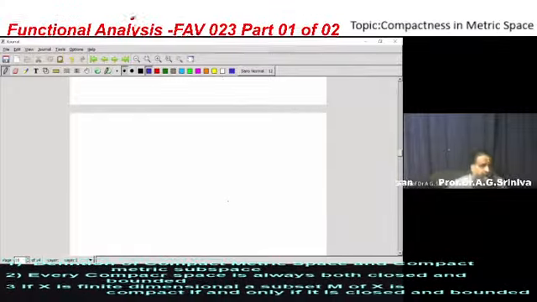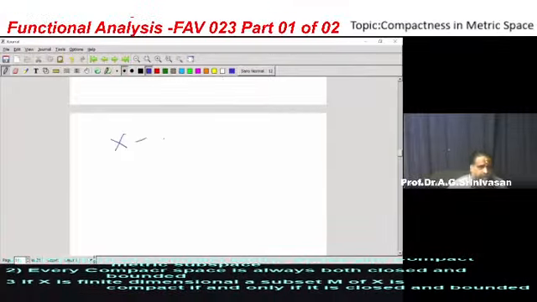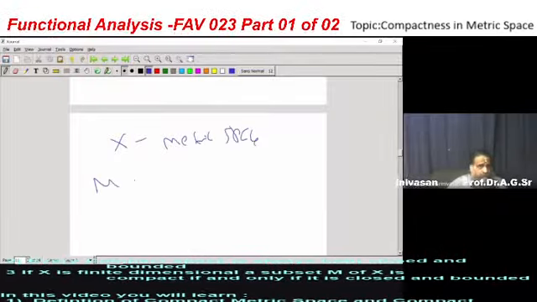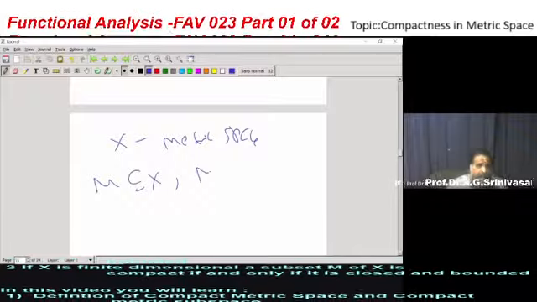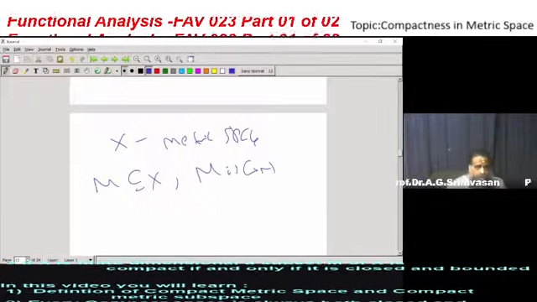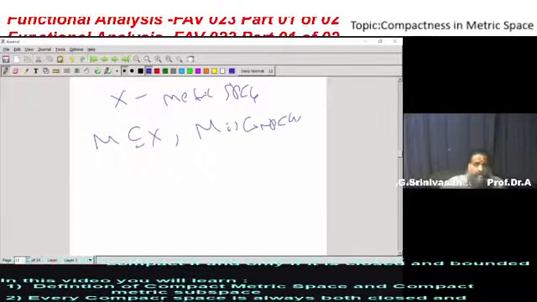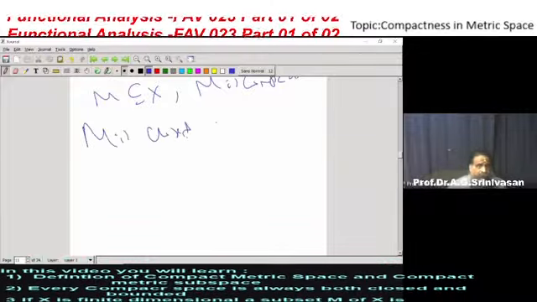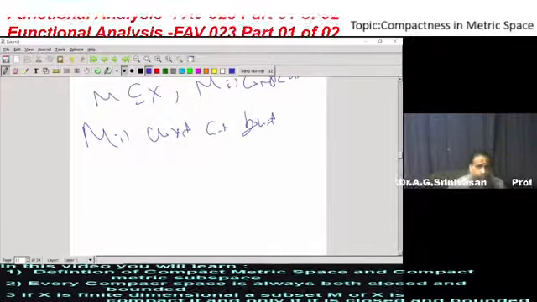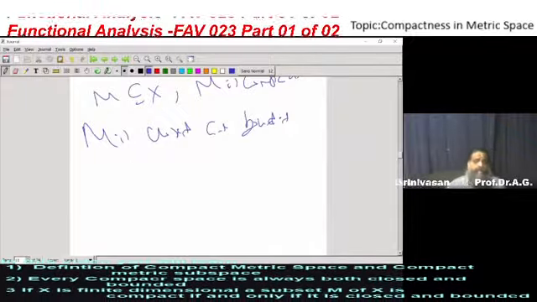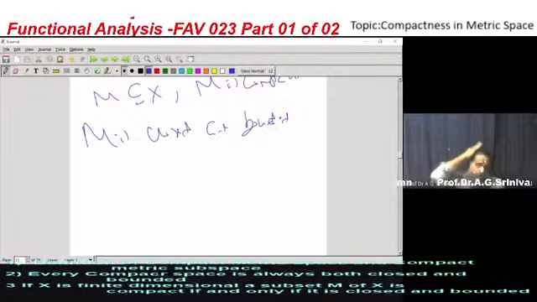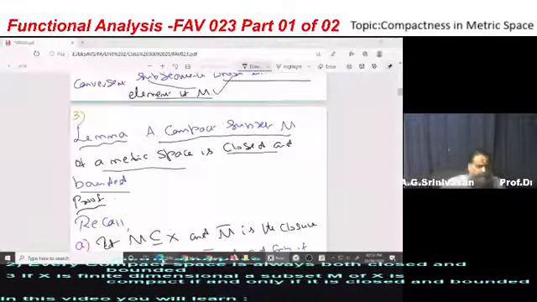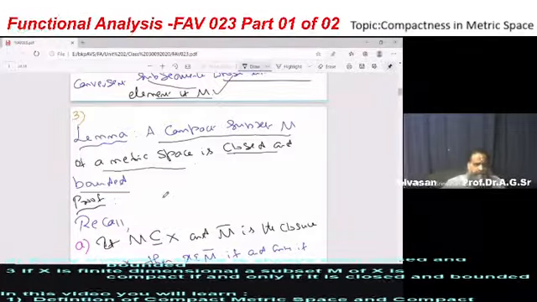The lemma says if X is a metric space, M is a subset of X and M is compact, then M is closed and bounded. What is closed? The complement is open, and so on. What is bounded also we discussed in the previous class. So we're going to prove it now. The proof is very easy with the observations we discussed previously.